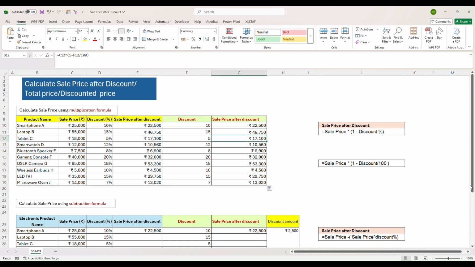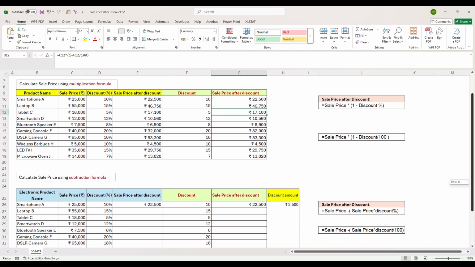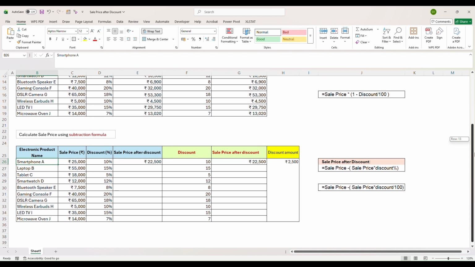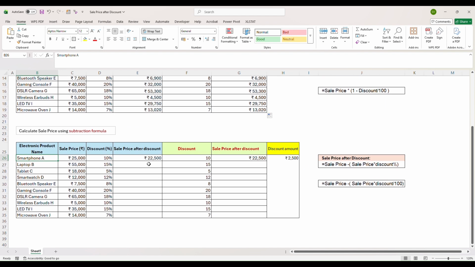Now, this is one method of calculating the discount price or the sale price after discount. But we can use another method where you can calculate the sale price using a subtraction formula. So we're using the same data set here, and we will see how it is done using this subtraction formula. The formula is: sale price after discount is equal to sale price minus sale price into discount percent.